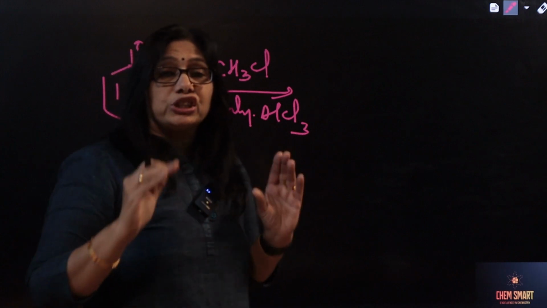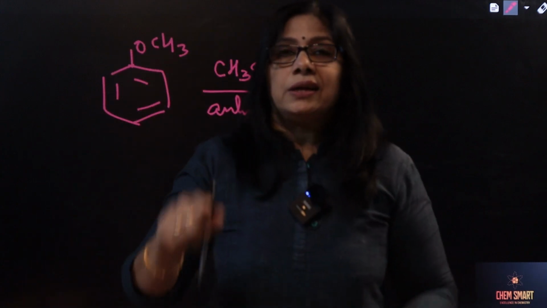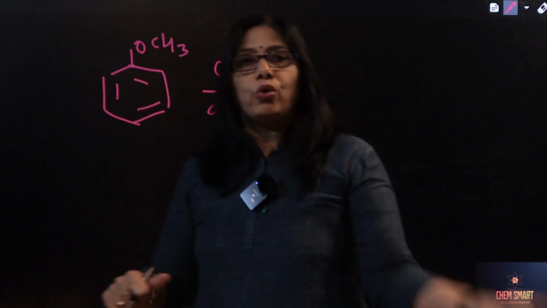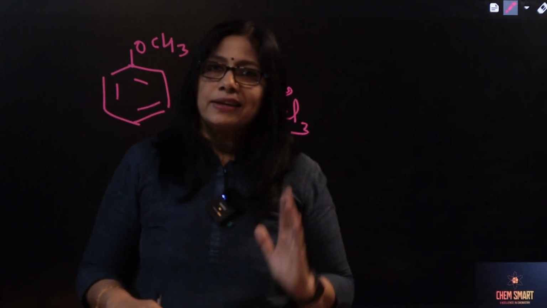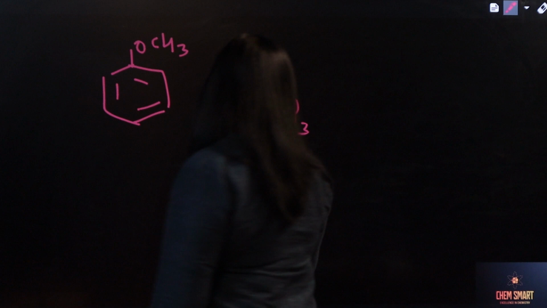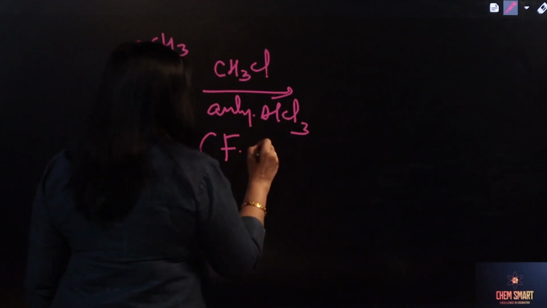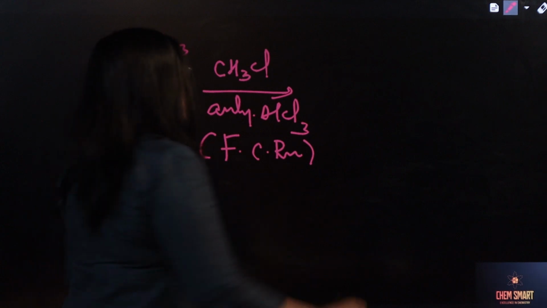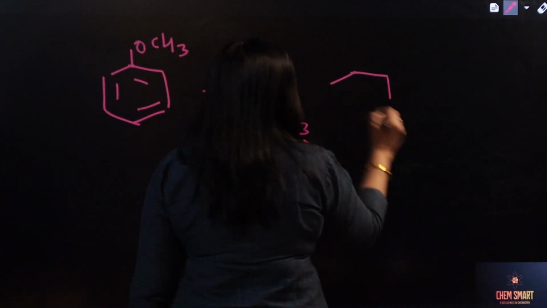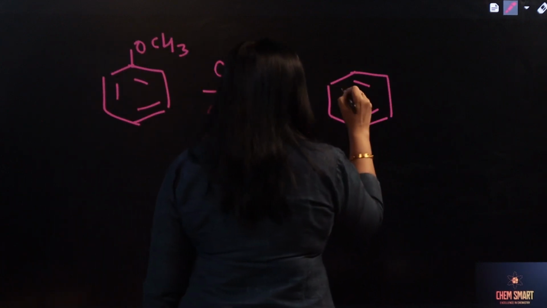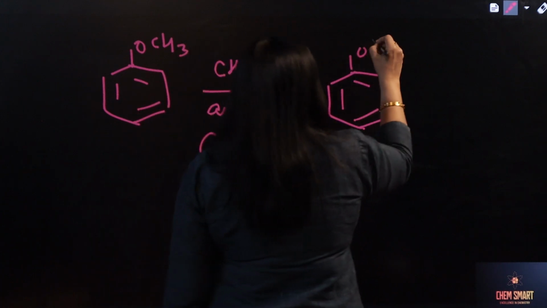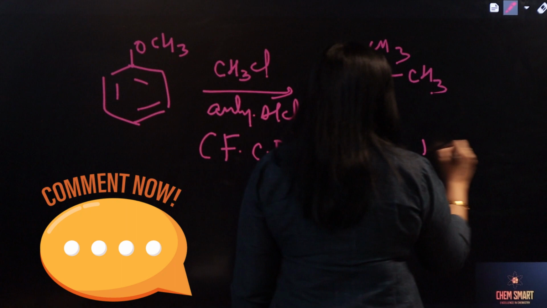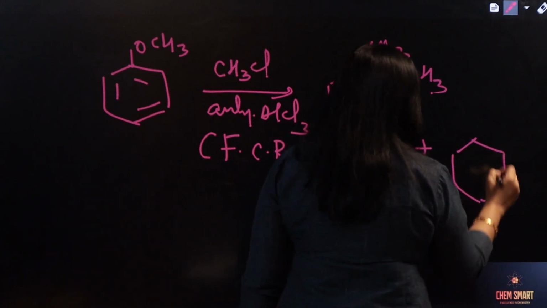So make sure to write that it is Friedel-Crafts reaction, either on the arrow or in the bracket. Okay, that is called presentation. Okay, Friedel-Crafts reaction. Now, if it is undergoing Friedel-Crafts reaction, what will you get? OCH3, then one product will be ortho and the other product will be para.